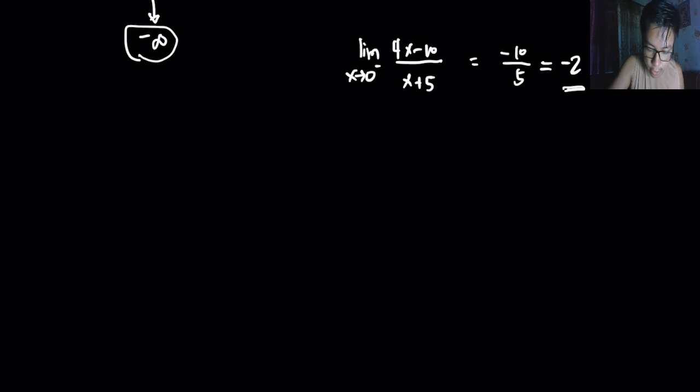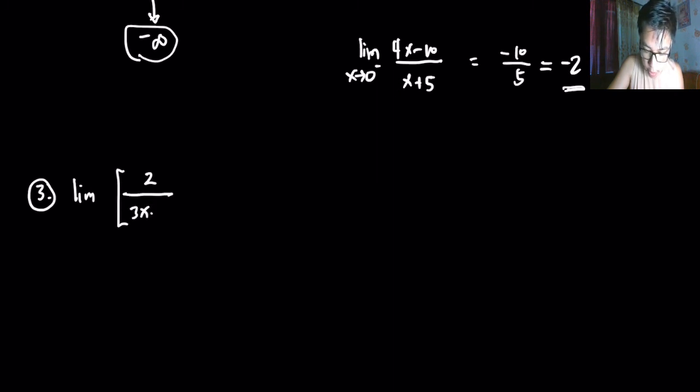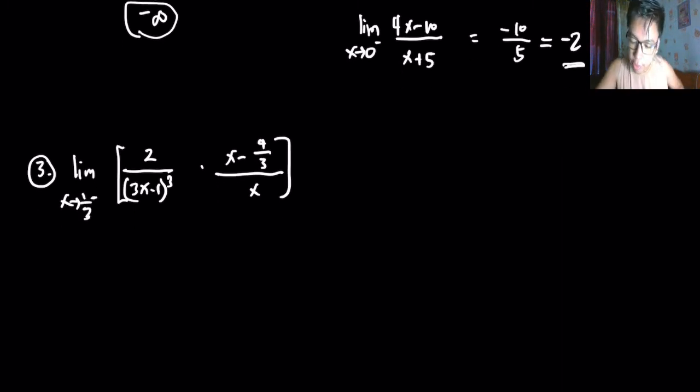Okay, so let's try an additional example. We are going to solve the limit of 2 over (3x minus 1) cubed times (x minus 4 over 3) all over x as x approaches 1/3 from the left. So let's double check.